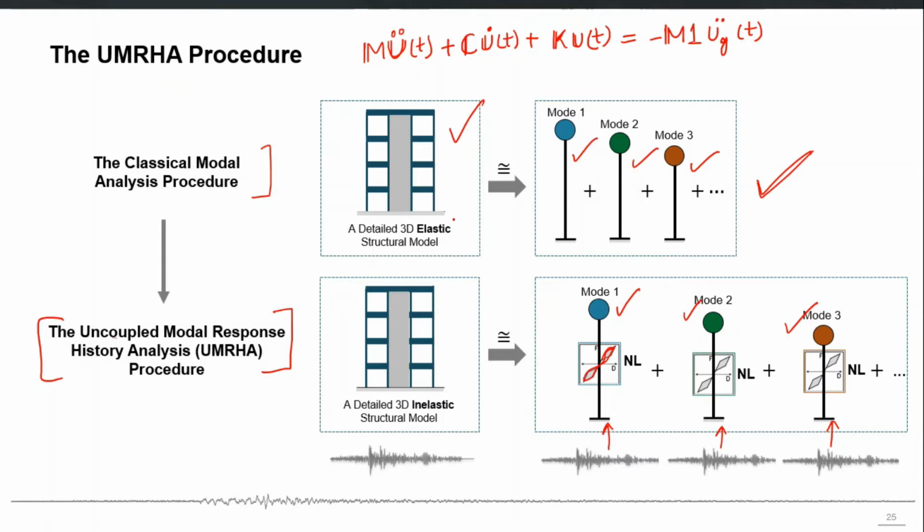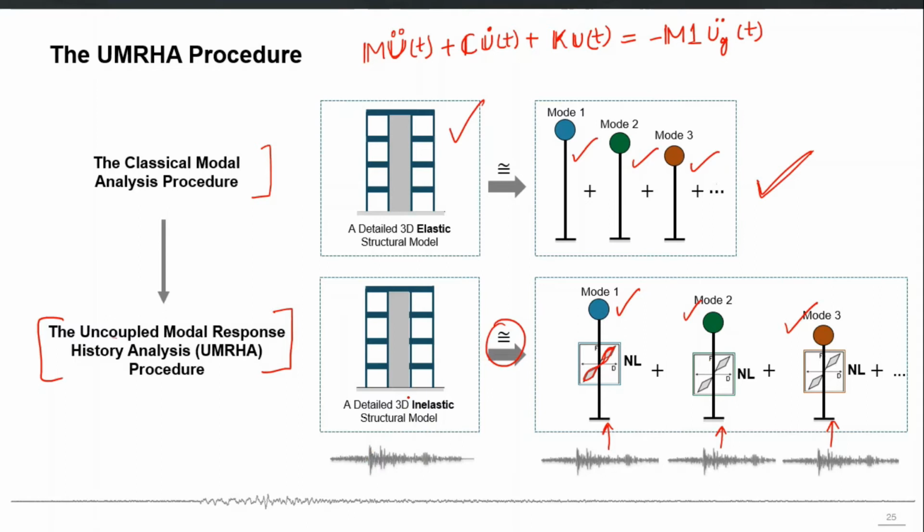But each mode is represented by a linear elastic single degree of freedom system in the classical modal analysis. Here in the uncoupled modal response history analysis, each mode is represented by a nonlinear single degree of freedom system, and the dynamic response of each is determined and combined to approximately get the same response which you would get if you applied the earthquake directly to the nonlinear multiple degree of freedom system.